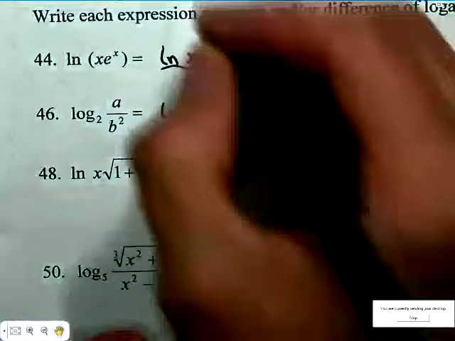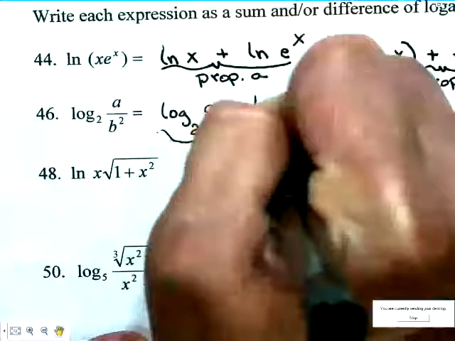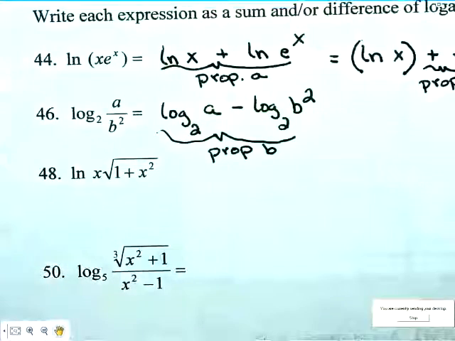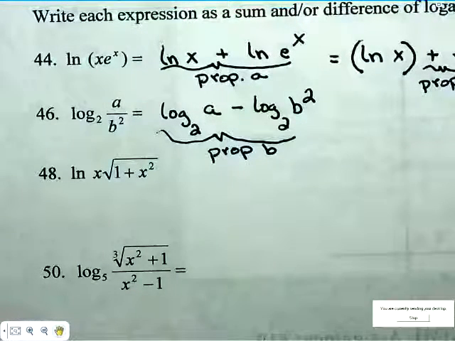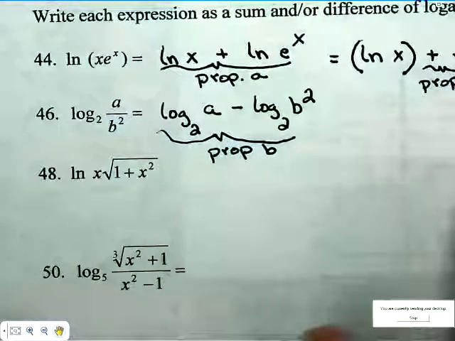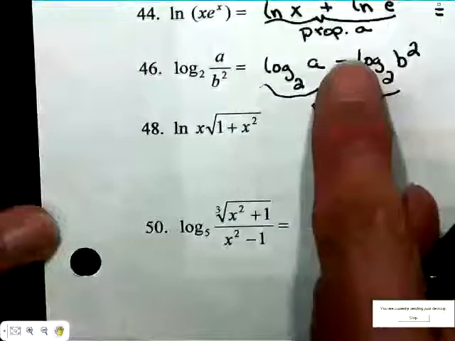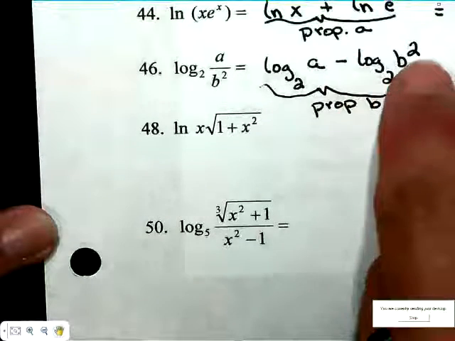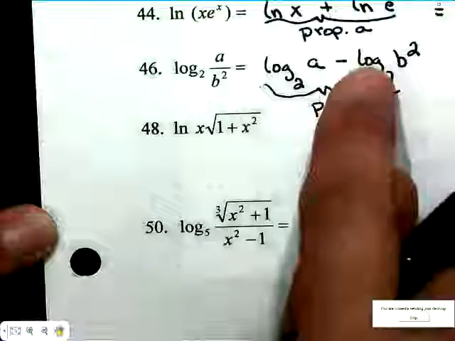That's property B. But because of this sentence, express powers as factors, when I see that I have log of something to an exponent, I'm just going to bring the exponent out in front of just that term.